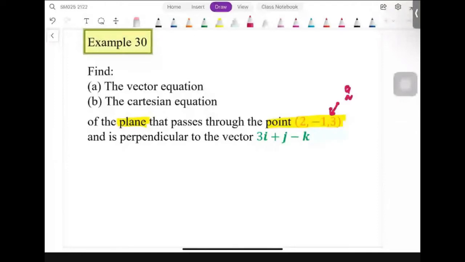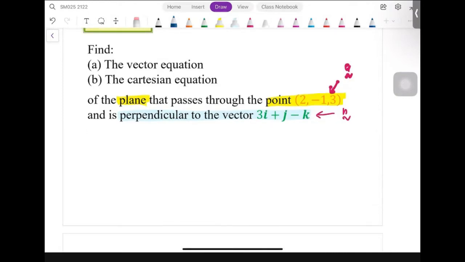So this, ayat dia tu, perpendicular to this vector. Our plane is perpendicular to this vector. Automatic, once again, you will know this will be the normal vector. So once we obtain these two vectors, position vector A and normal vector N, straight away substitute into the formula of plane r dot n equal to a dot n.